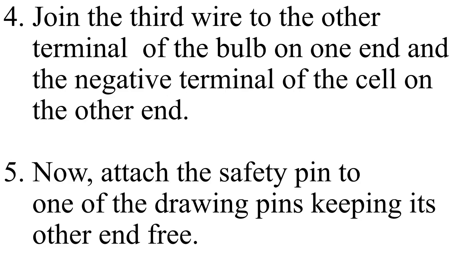Moving on to step number 4. Join the third wire to the other terminal of the bulb on one end and the negative terminal of the cell on the other end. Number 5. Now attach the safety pin to one of the drawing pins, keeping its other end free.